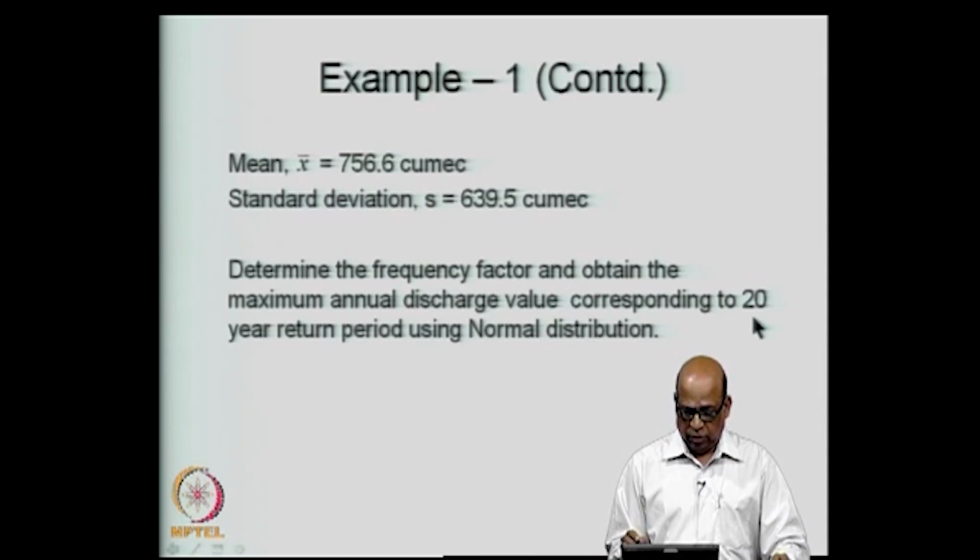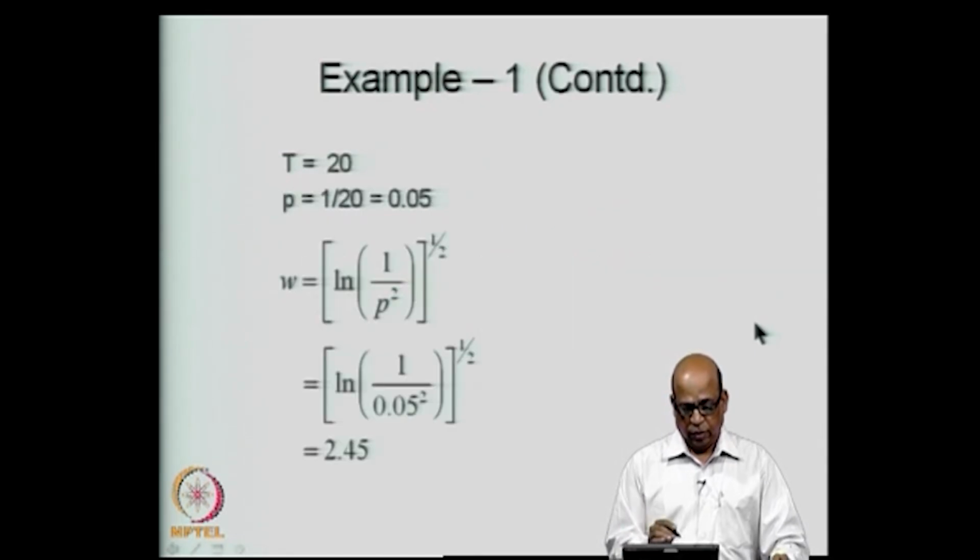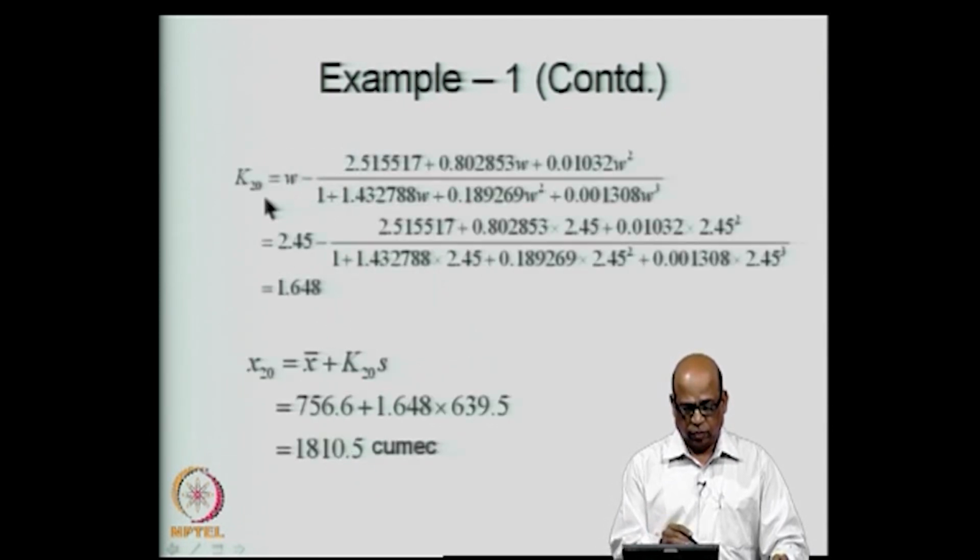Because T is given to be 20 years, what do we do? First calculate your p. So, T is 20, therefore, p will be 1 by T, which is equal to 0.05, and then calculate w, which is [log of 1 over p square] the whole to the power half, and that comes to 2.45. Once you calculate w, put it in the expression for K_T, T being 20, I write it as K_20, and then you put the w value of 2.45 here, and you get K_20 as 1.648.